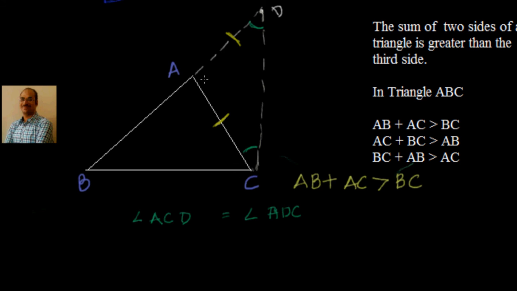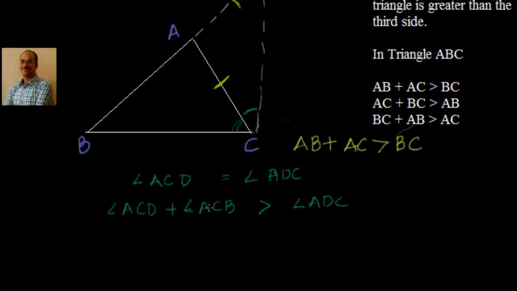Now for BA plus AD, the opposite angle is BCD. That means I have to add this part also, so that I can say BCD. So what I will do, I will say angle ACD plus angle ACB is greater than angle ADC.